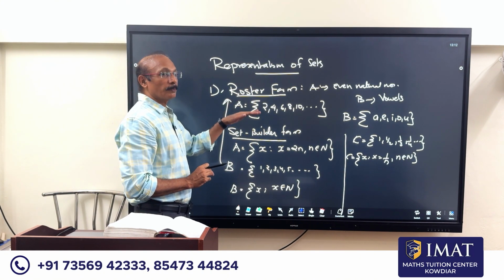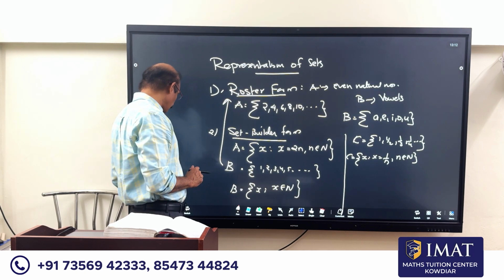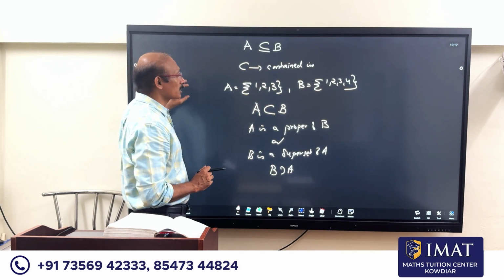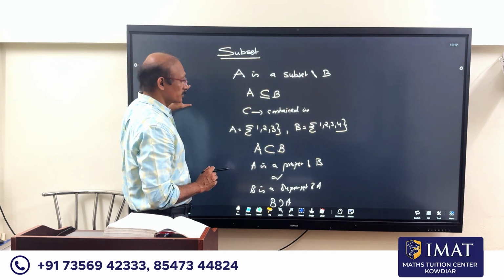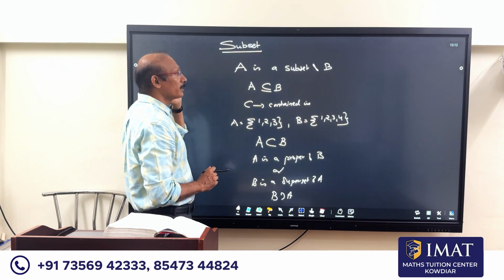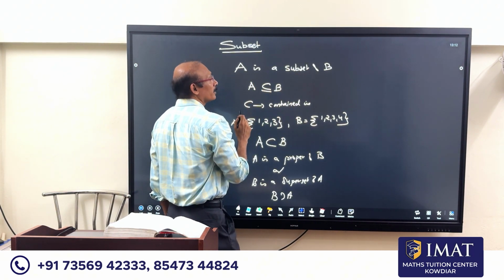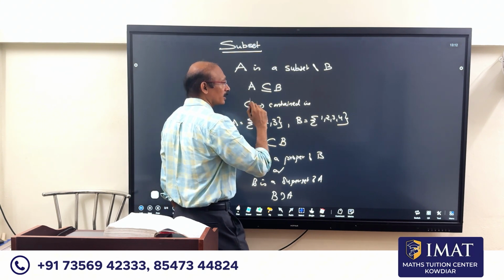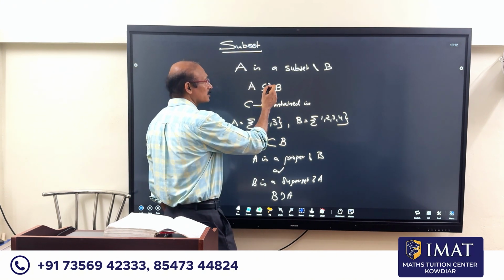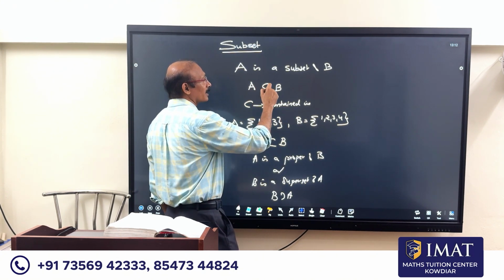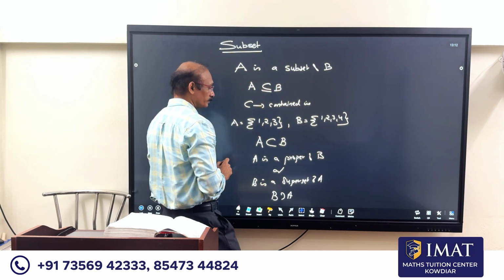So, the 2 representations are roster form and set builder form, and then we came to the next section called subset. It's very important. What do you mean by saying subset? If A is a subset of B, all the elements of set A will be contained in B. And this is the symbol for is contained in or is a subset of.